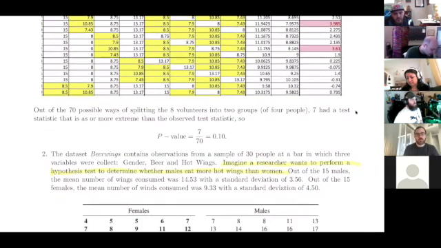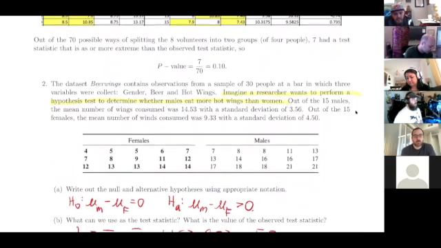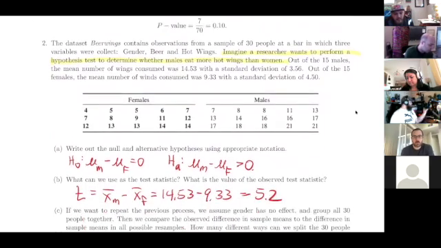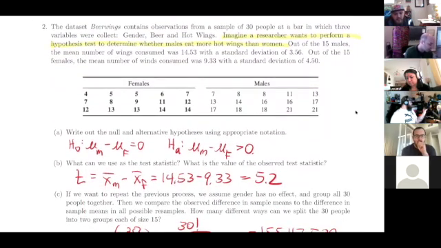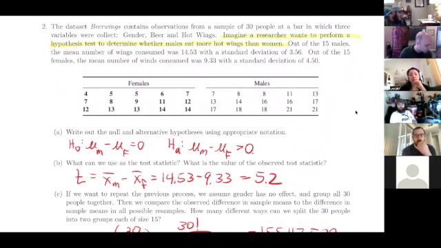Okay, the example you had to look at for the quiz dealt with a data set called Beerwings, one of the data sets in the resampling data package. The researchers, who were students that collected this data, were interested in whether males or females order more hot wings at a bar.